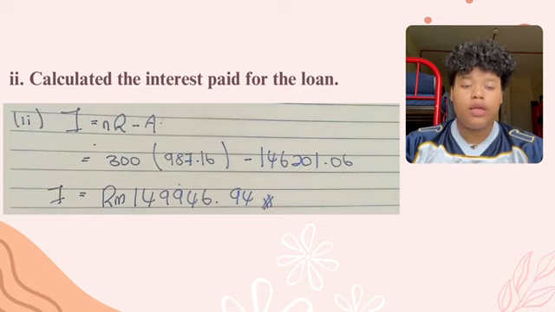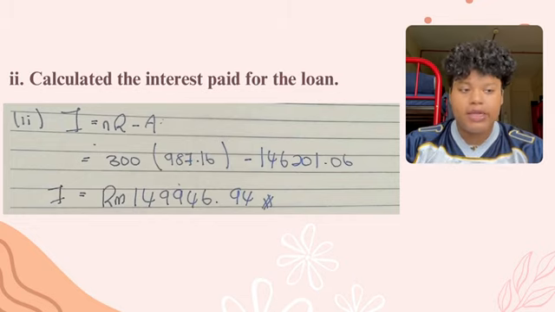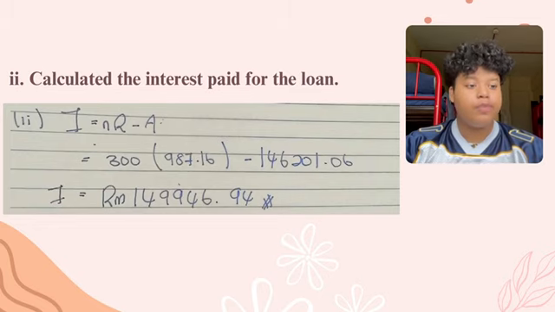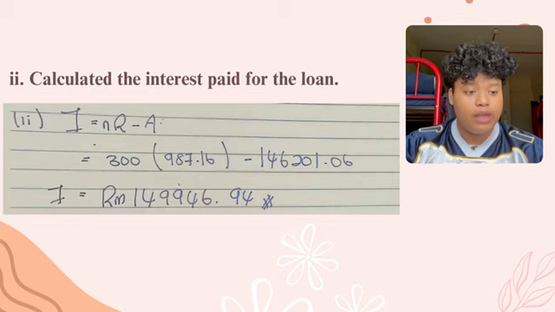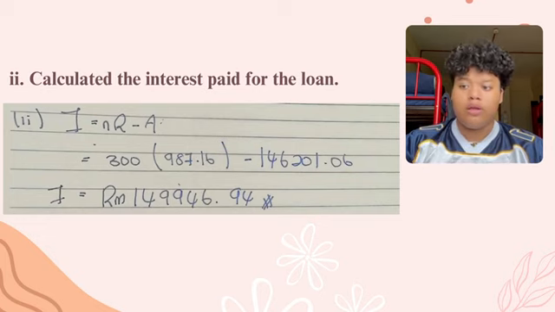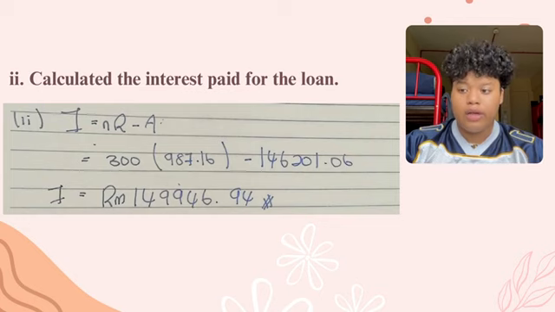We need to use the formula I equals NR minus A. Based on the information we got before, enter it in the formula: N equals 300, R equals 987.16, and A is 146,201.16. Using the calculator, you will get the answer 149,946.194. So this is the answer for question 2.